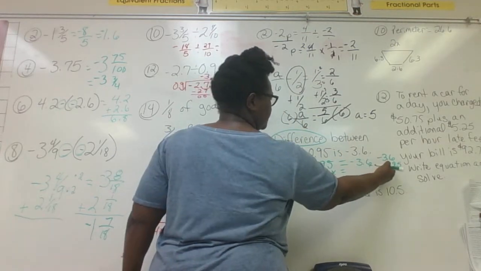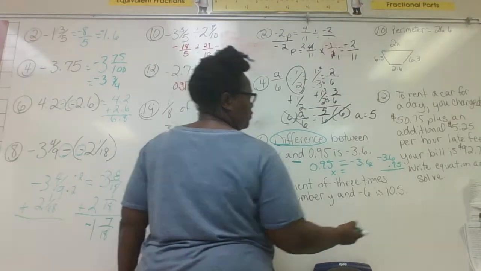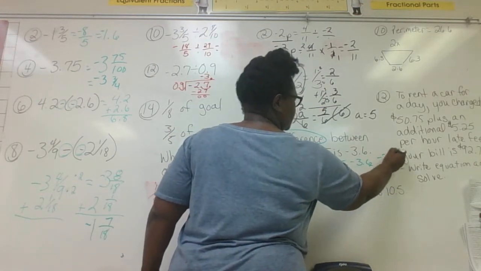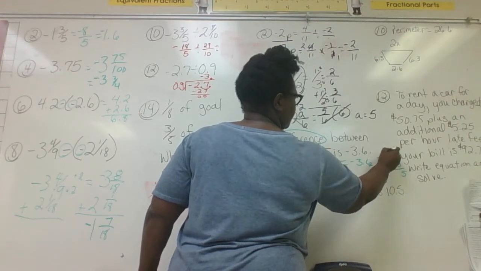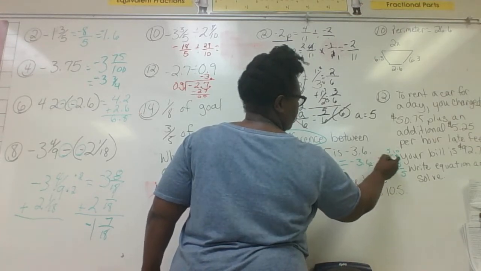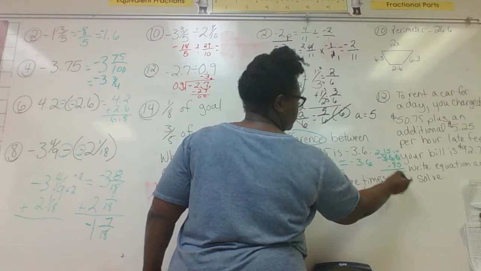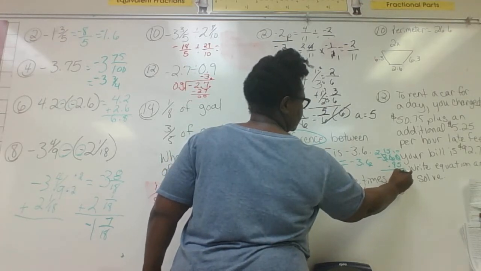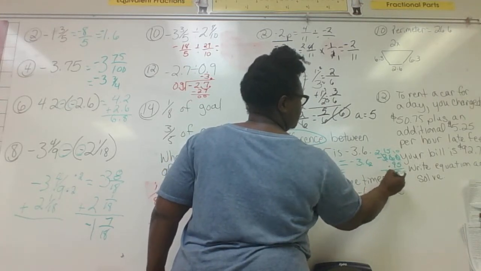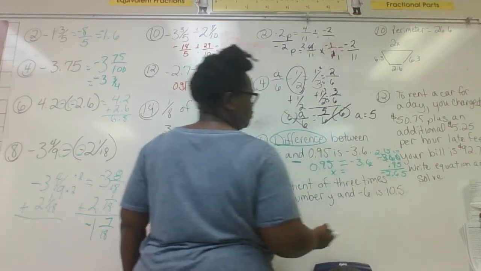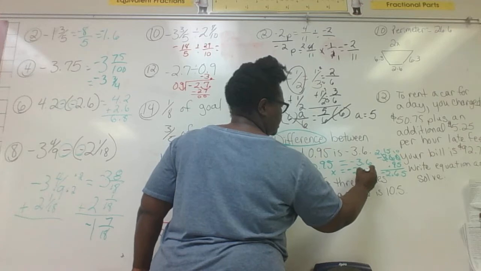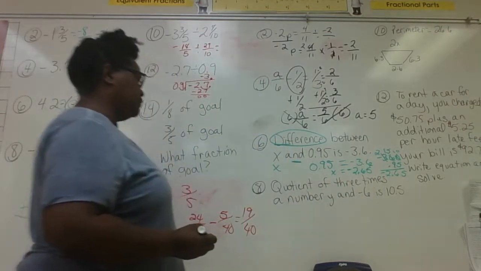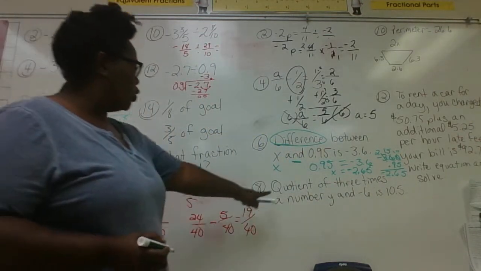This is negative, this is positive, and therefore the difference between the two, this is 10, give us a 5. This is 5, you need to borrow a 2. 15 minus 9 is going to give us a 6, and then this is a 2. Negative, we have more negative than positive, so the answer is -2.65.